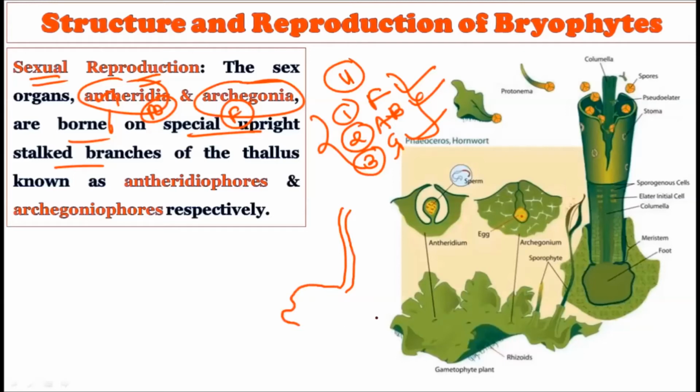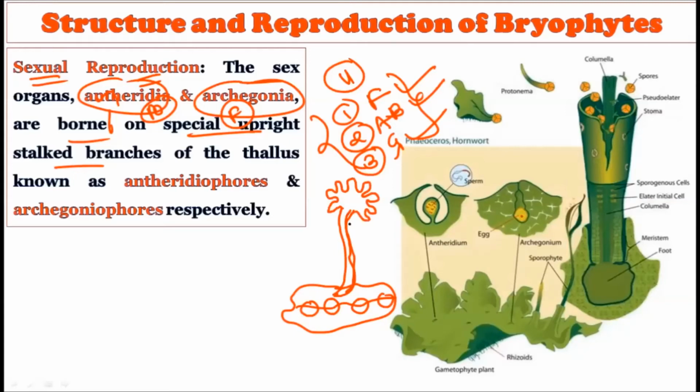This is the gametophyte, and consider this is the male gametophyte, and what I am drawing is the midrib. Now let us draw some gemma cups as well. So as it is the male thallus, it will create the antheridiophore. Okay, so special branch antheridiophore was created.